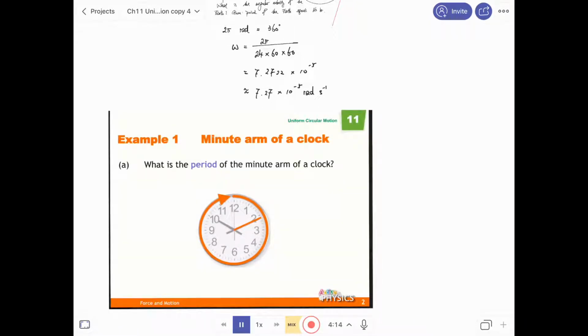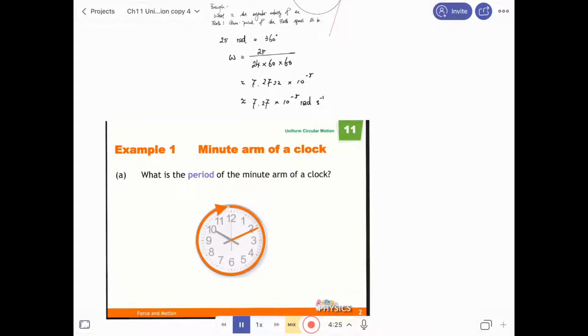Another example. A minute arm of a clock moves 360 degrees after 1 minute. So what is the period and angular velocity of this minute arm? The definition of period here is similar to that of a wave. So period T, that's straightforward. And now the angular velocity omega.